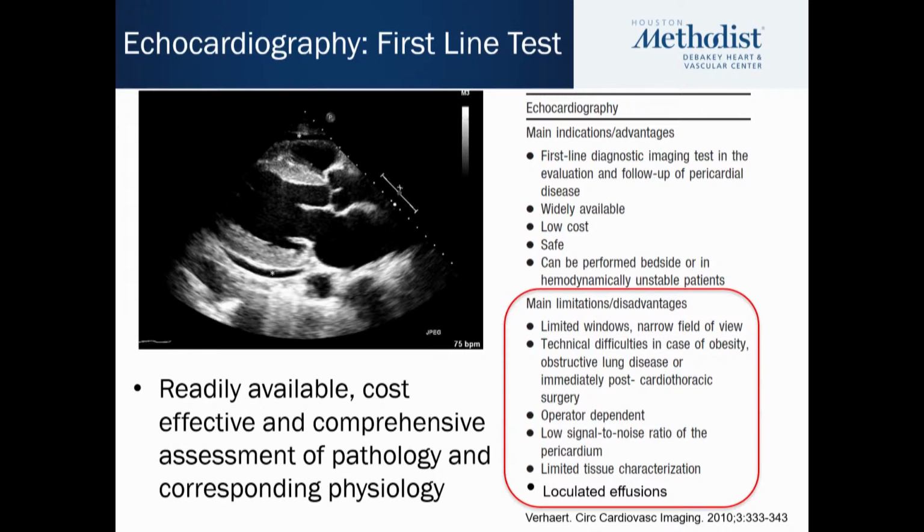Patients may have limited windows, being in a post-operative state. They may have some technical difficulties in patients who have obesity or COPD. We know the pericardium can be very difficult to see because of the poor signal-to-noise ratio. And definitely when it comes to tissue characterization, we have some limitations with echocardiography.